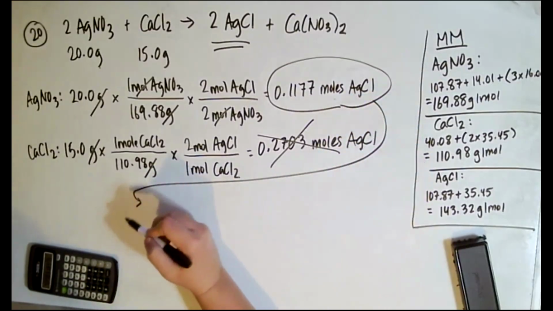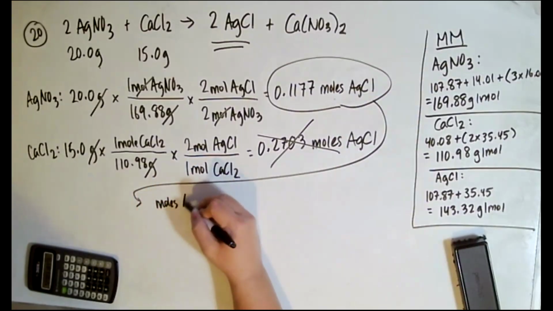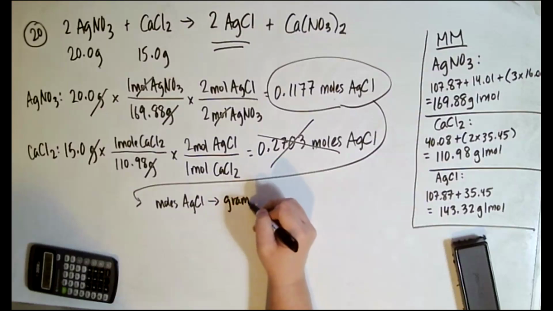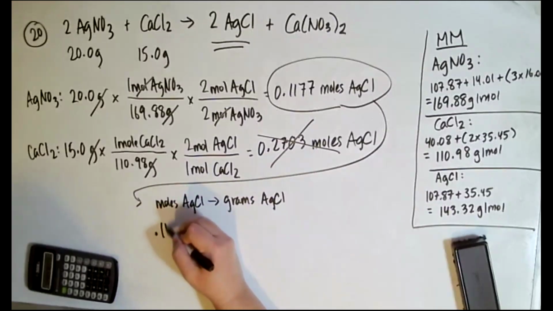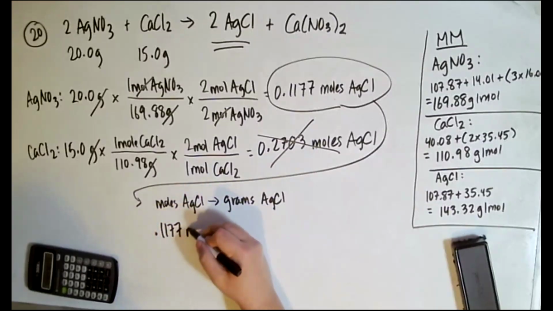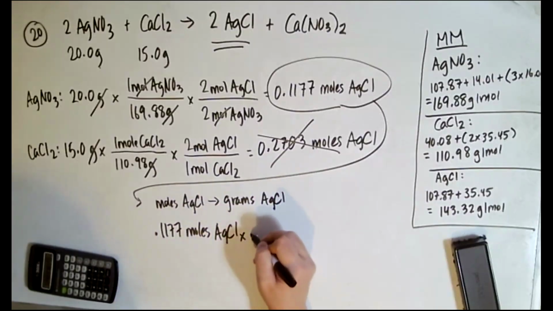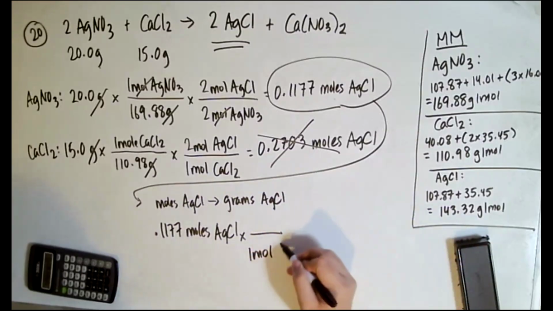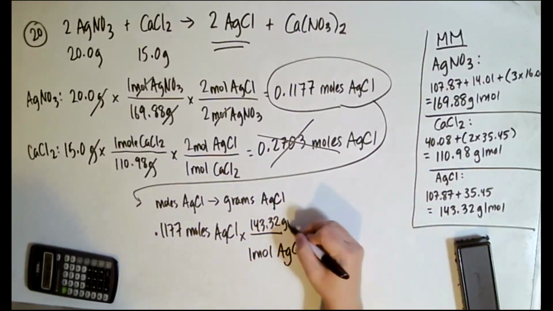So we're going to take this value and convert it from moles of AgCl into grams of AgCl using our molar mass for AgCl that we've already calculated. So every 1 mole is going to be 143.32 grams.